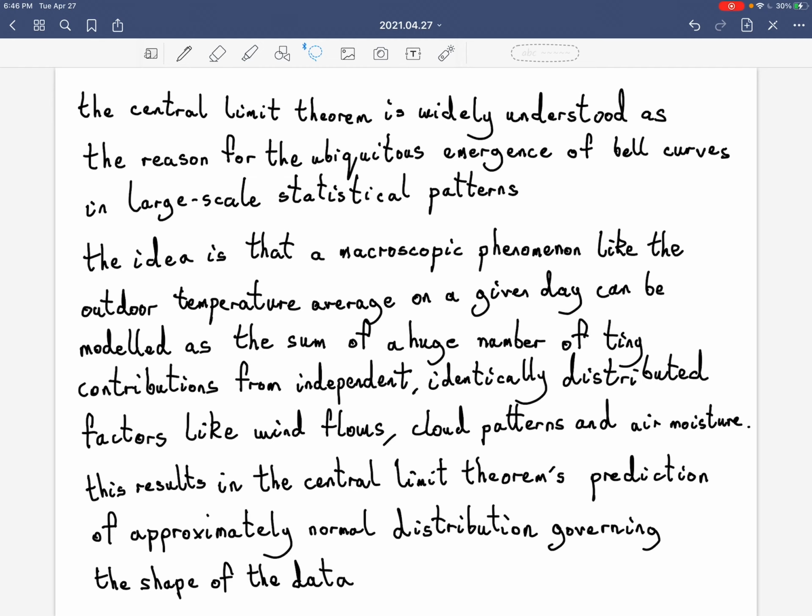You record it over the course of one day, but you understand that it's being influenced by a huge number of tiny contributions from other phenomena that happened on other days, or happened earlier in the day, or were ongoing throughout the day.